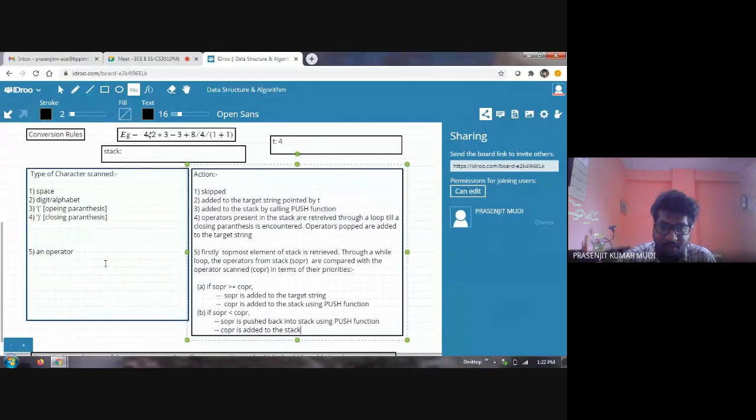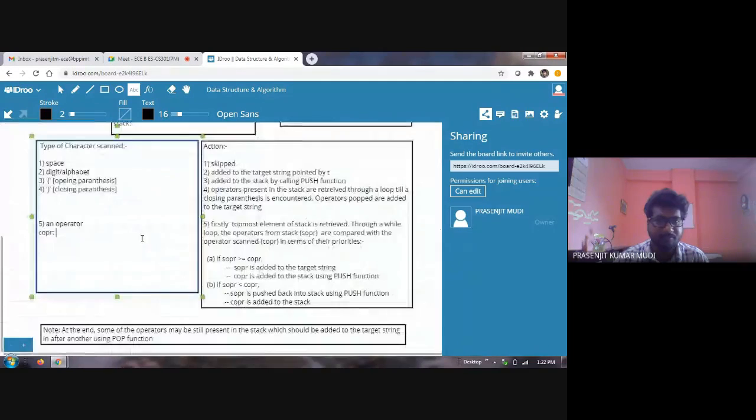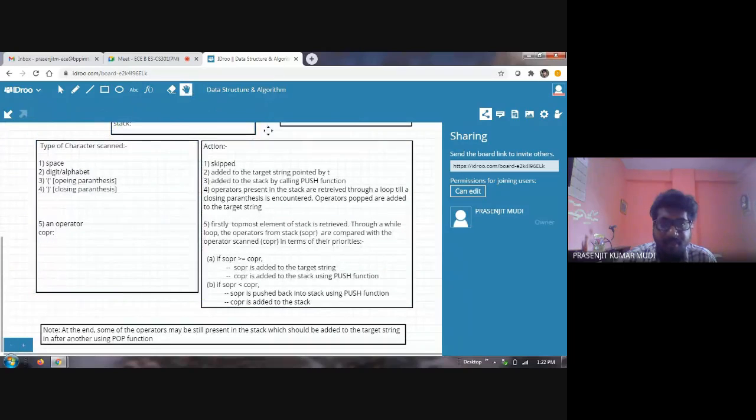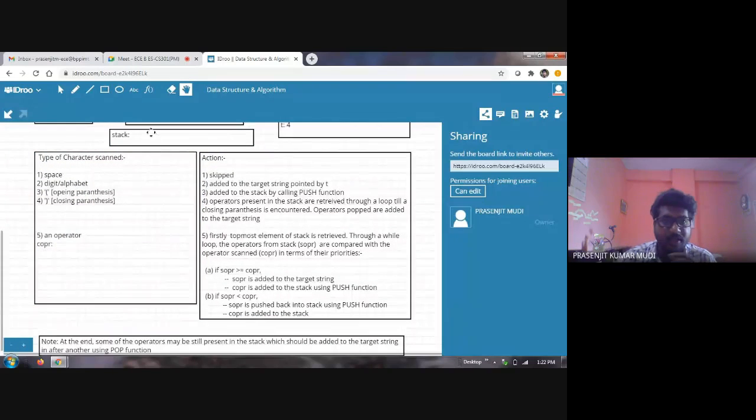That is your COPR, and SOPR is nothing, it is empty, a null, kind of no character. So COPR definitely has higher priority compared to nothing, so this case is satisfied. So we were right, COPR is greater than SOPR.